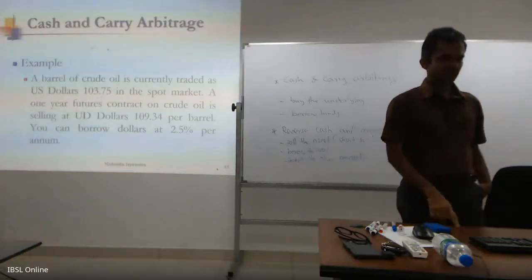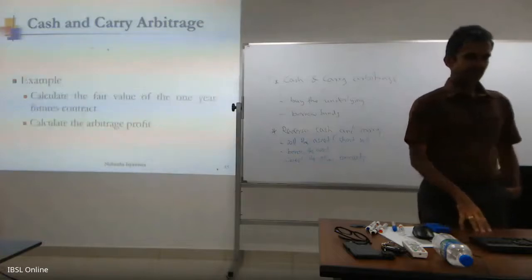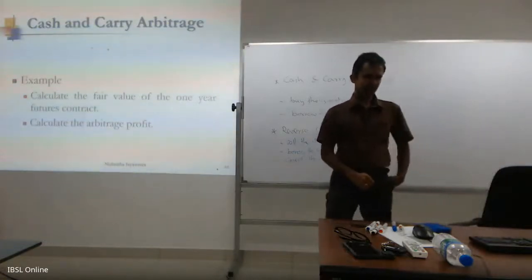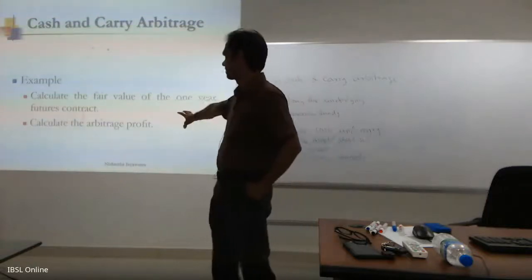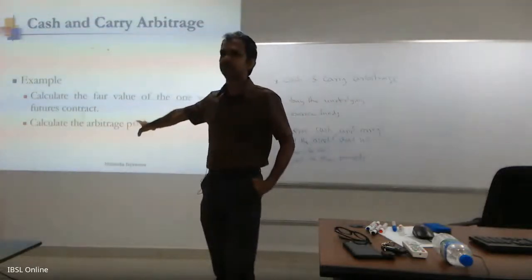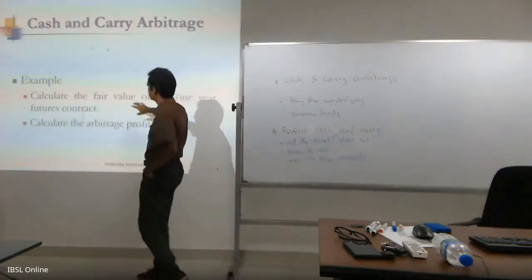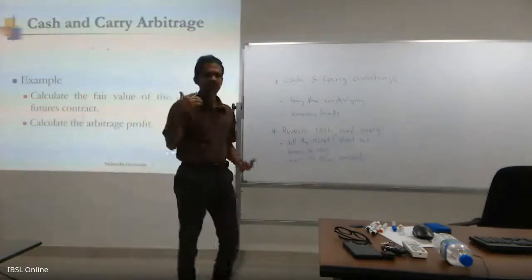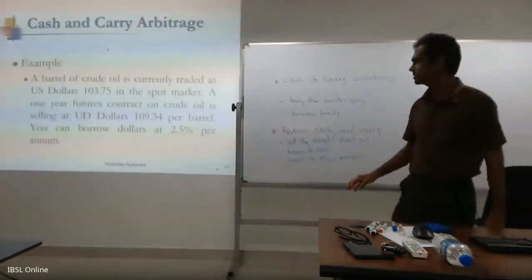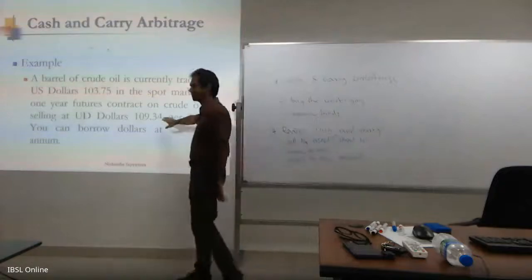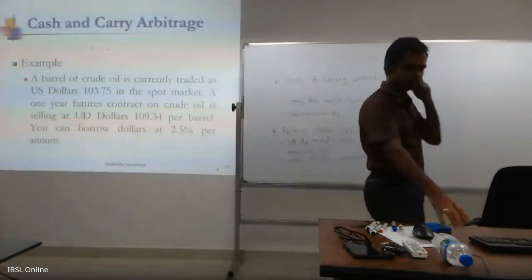You can borrow dollars at 2.5% per annum. Calculate the fair value of the 1 year futures contract. Calculate the arbitrage profit. That means it clearly says there's arbitrage profit. To get that, the fair value should differ from the futures price of 109. So do the calculation.